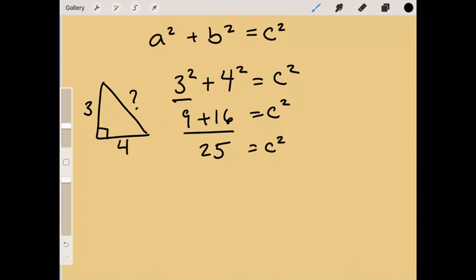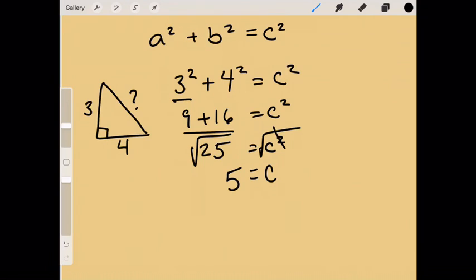So then what do we have to do to both sides to isolate c? We have to take the square root of both sides, giving us the value of just c, because that cancels out, and then the square root of 25 is 5. Right? And this is what we did over and over again in our practice last lesson.